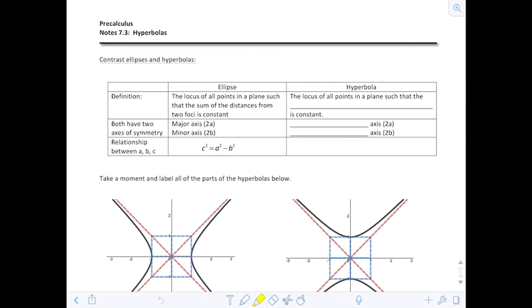So first, when we define an ellipse, we talked about earlier the locus, or the set of all points, such that the sum of the distances from two foci is constant. Well, with a hyperbola, it's a little different, but not much.